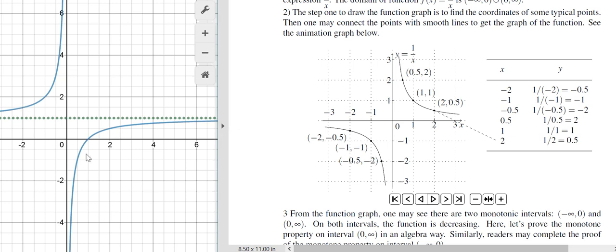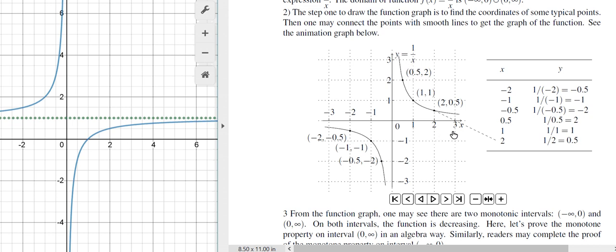Actually, what is this picture? If for every value here, you put a negative sign in front of it, that's negative 1 over x, and this point will go down to here. This point will go up here if you put a negative in front of 1 over x.